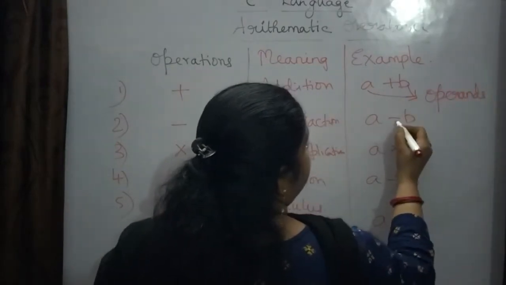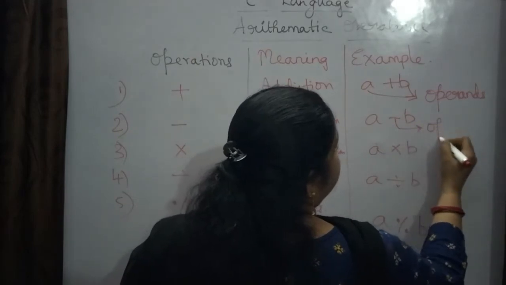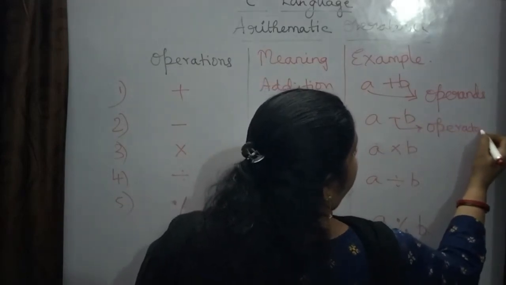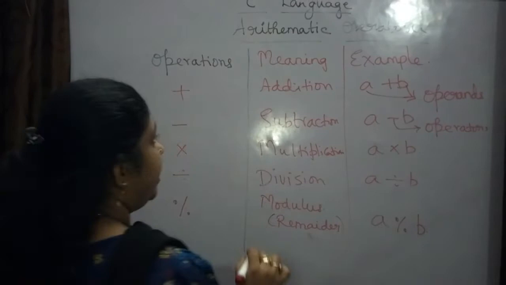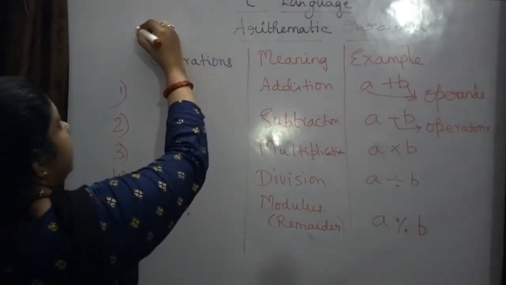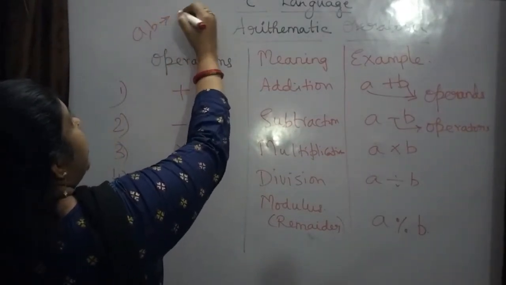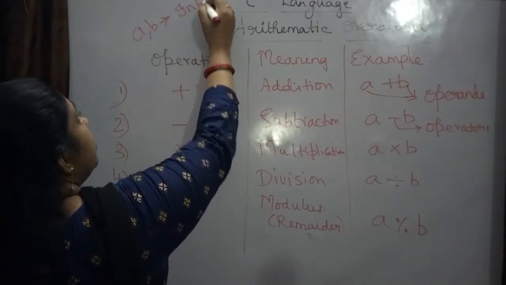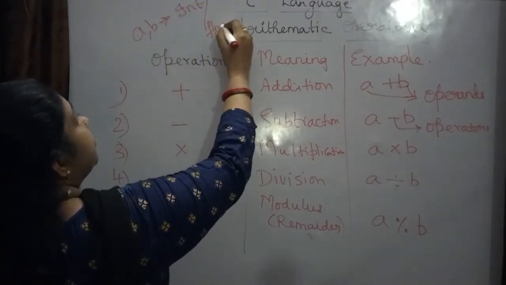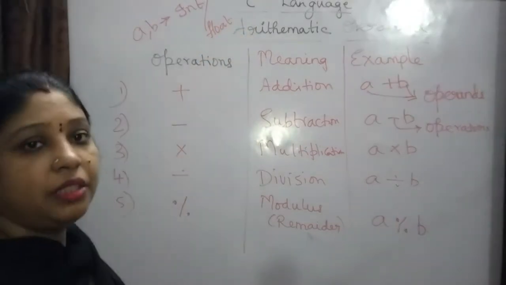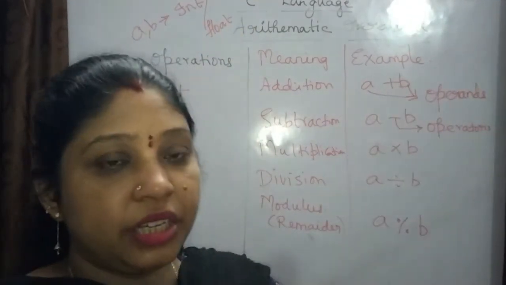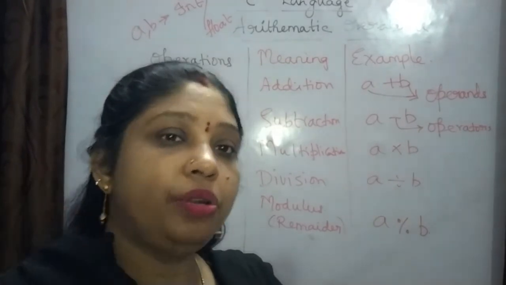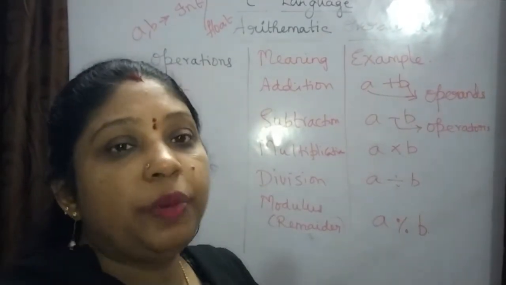Now these are the operators. You can use these a and b operands either in int or float data type.